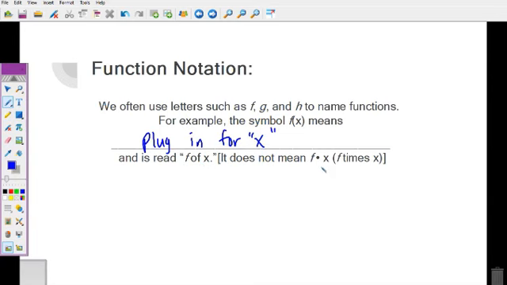It does not mean f times x. It means f of x. So the function is dependent on x, right? And that's what they're saying there. So when you have just f of x, that's equivalent to y, right? And this can be written as an ordered pair, just written as your x comma your y value. Your input, your output.